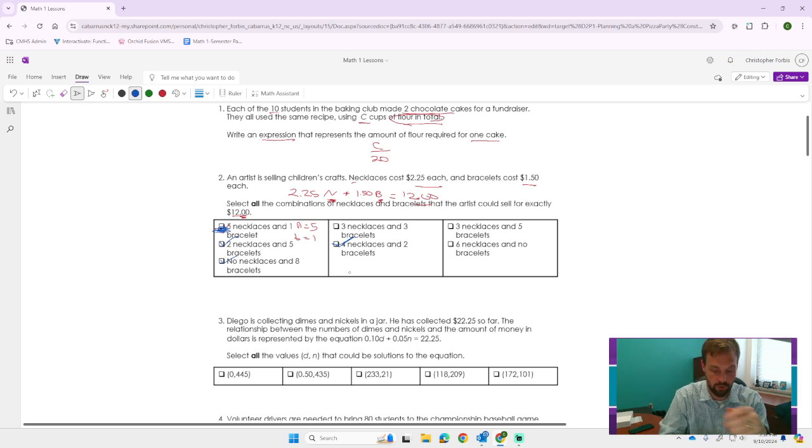Same thing if I plug in 0 for N and 8 for B, it works. If I plug in 4 for N and 2 for B, it works. So those are all the different ways it can equal $12. All right, very good.